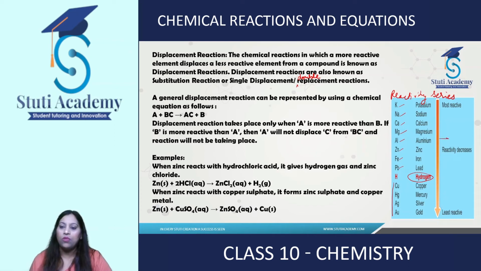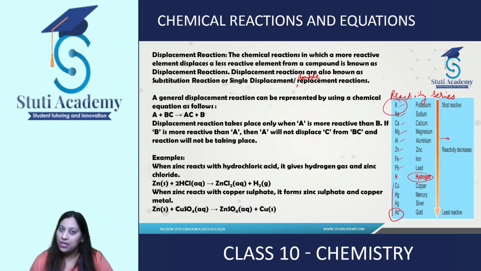And this arrow sign shows their reactivity, the rate of reaction. As we move down, the rate of reaction decreases. It means the element at the topmost position is the most reactive one, and the element at the last position is the least reactive.